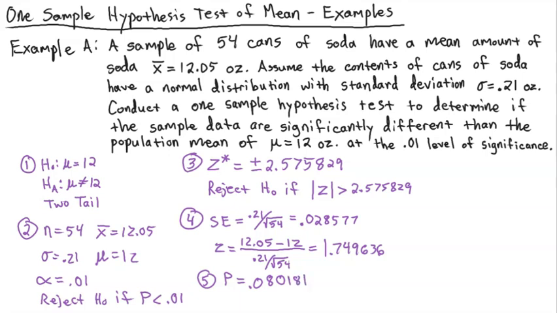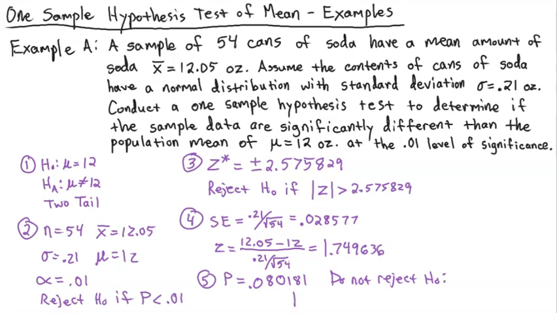And so now we're going to make a decision. Okay, so we can see clearly that this p-value is not less than 0.01. And so therefore we are going to say do not reject H sub 0. And then we have 2 reasons.